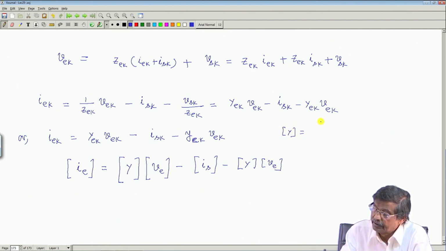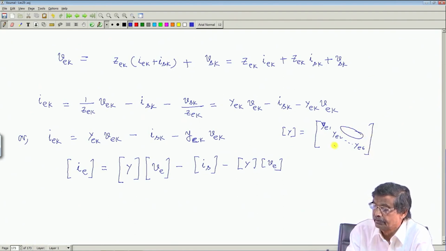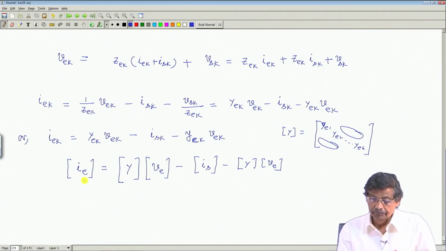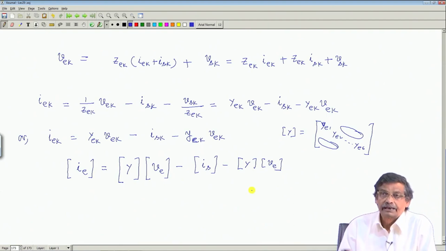Y is nothing but Y E1, Y E2, up to Y E6 for this particular problem, with all other elements 0. What is Y E1? 1 by Z E1 and so on. Therefore, this is the basic equation we have got here.